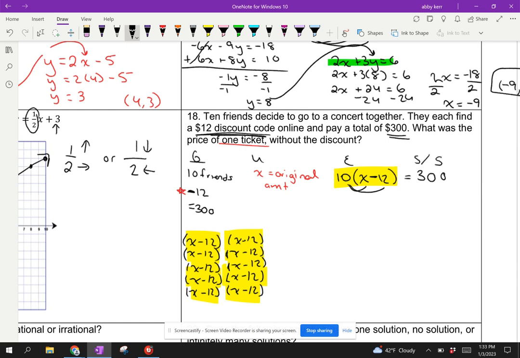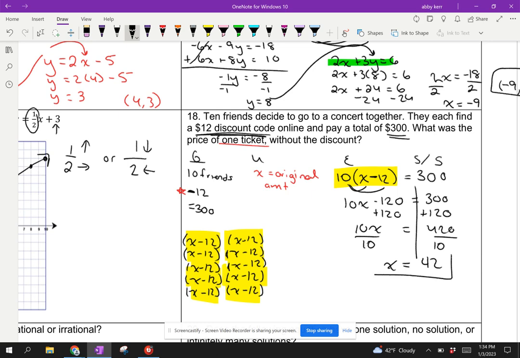So then we just distribute. So we have 10 friends that bought the tickets, and then 10 times negative 12 is negative 120. So there was a total of $120 taken off of their bill. Now we have a two-step. So now when we solve for x, we can realize that each ticket originally cost $42.